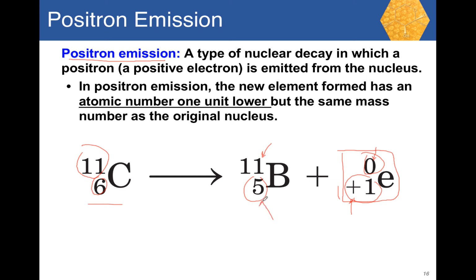As you know, the number of protons determines the element. You look at the periodic table, and that 5 corresponds to boron. So this is the isotope that results when carbon-11 emits a positron. And here's a positron.